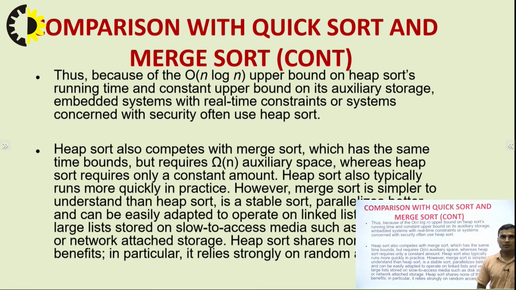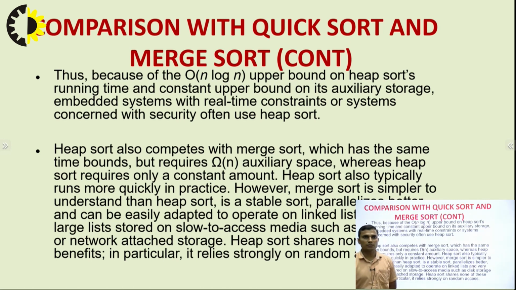And when we compare with merge sort, merge sort also requires auxiliary space of omega of n. So we require n amount of extra space to implement merge sort, but in heap sort we have constant space complexity. So in those terms heap sort is better than merge sort.